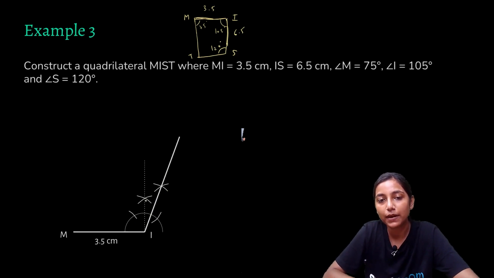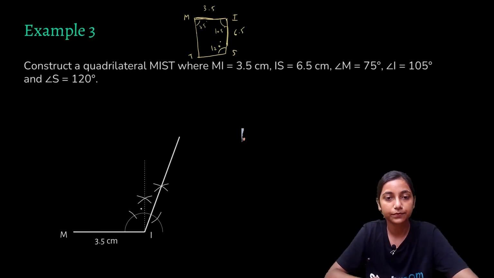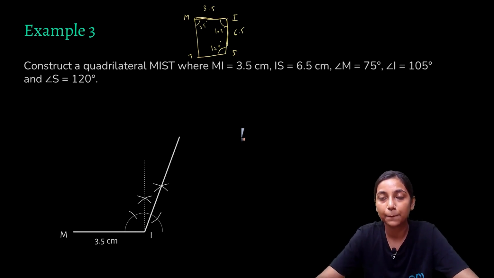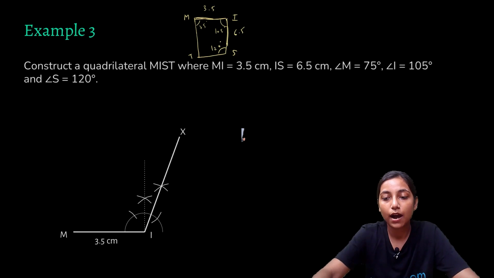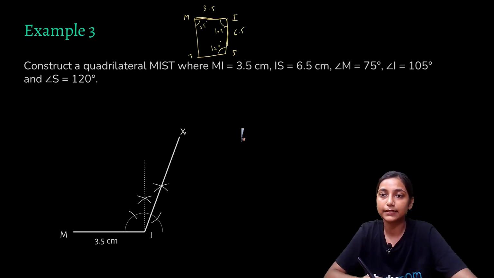So first of all, what did we make? We made a 90 degree angle, and then half of the 90 and 120 degrees gave us 105 degrees. So this is our 105 degrees. That was angle I. You can extend this line and mark this last point as X.